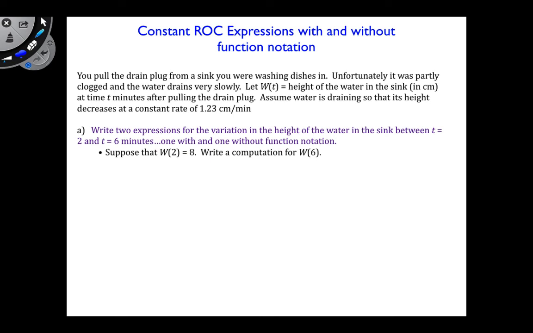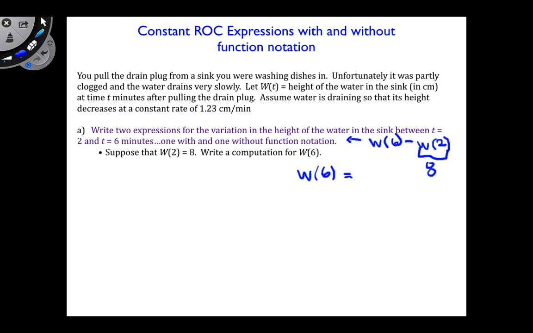then, well, we just figured out from up here that I could do W of 6 minus W of 2 to get the change in the height. Now, if I try to express W of 6 by saying, oh, well, it's whatever it was at W of 2, that's 8.